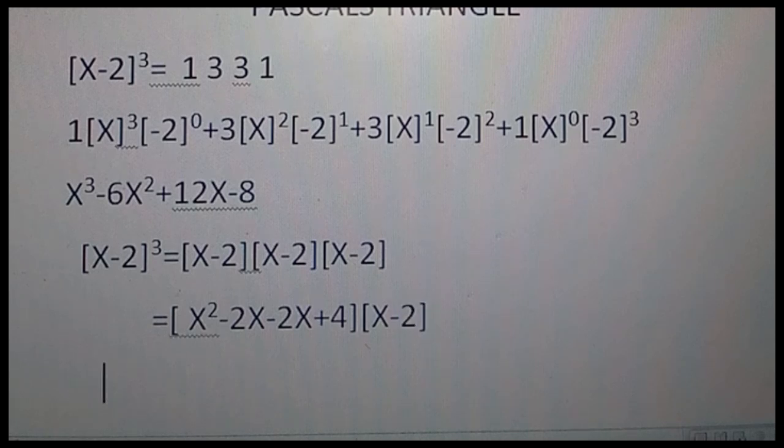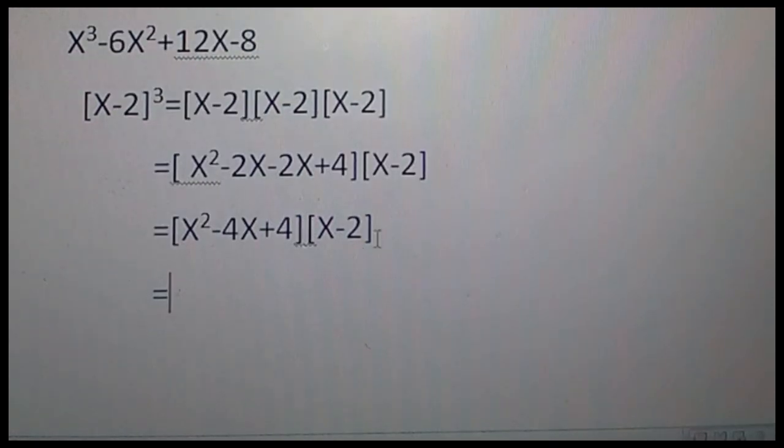So it equals x squared, minus 2x minus 2x gives minus 4x, plus 4. Let's have our bracket, x minus 2.